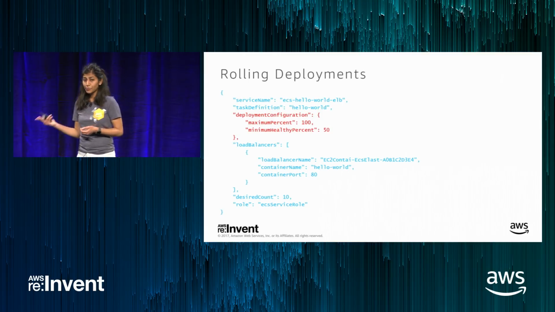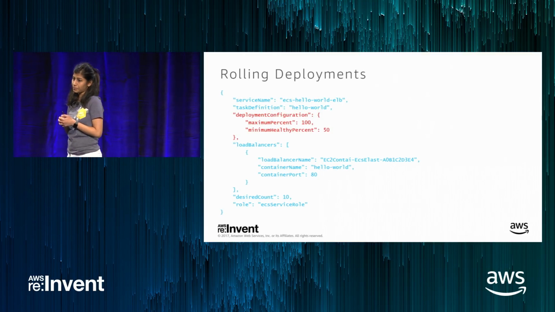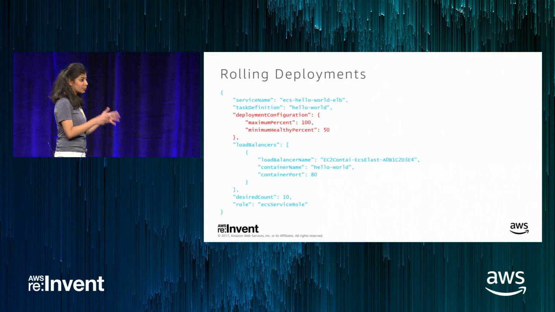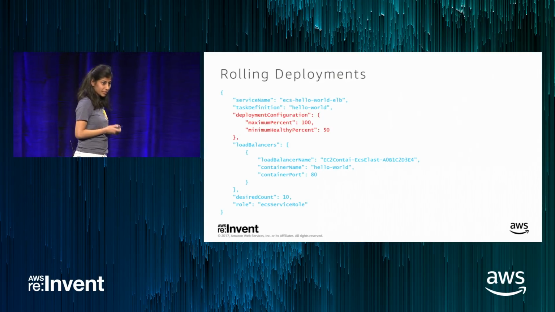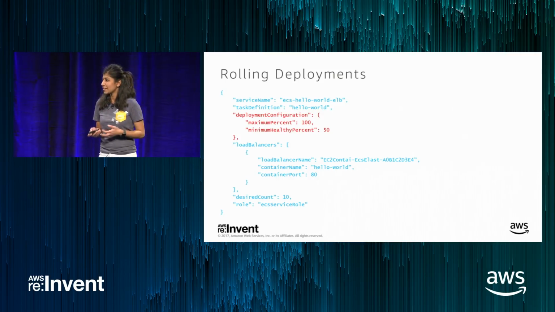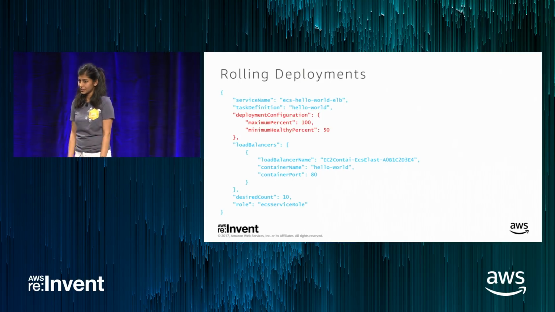So you can specify that with two parameters. One is by specifying the minimum healthy percentage, which defines the minimum number of containers that you always want up and running in your service during the deployment. The other parameter that you specify is the maximum percentage, which is the maximum amount of containers that you have to run during a deployment.